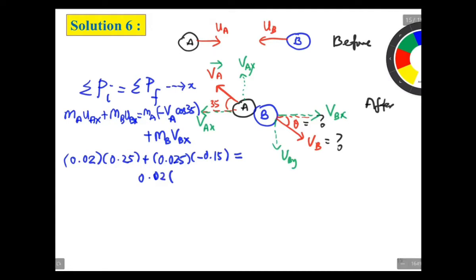VA berapa tadi? VA dia bagi adalah 10 cm per second. So dia akan jadi 0.1. Negatif sebab apa? Ke kiri. Nampak VAX kita ni ke kiri. 0.1 cos sudut berada di komponen X 35 plus 0.025 VBX.